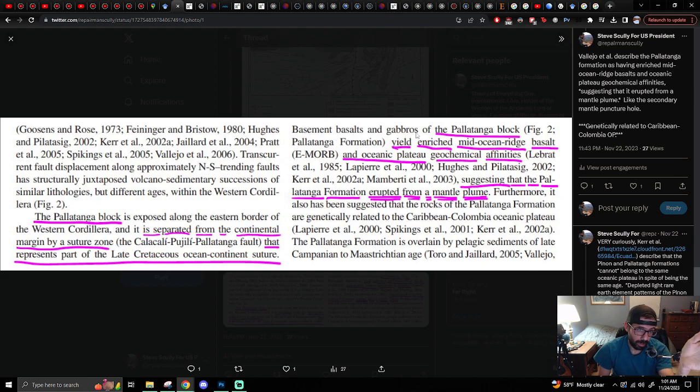Basement basalts and gabbros of the Pallatanga block yield enriched mid-ocean ridge basalt and oceanic plateau geochemistries, suggesting that the Pallatanga Formation erupted from a mantle plume.